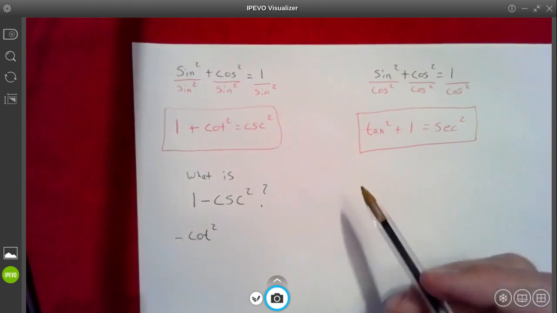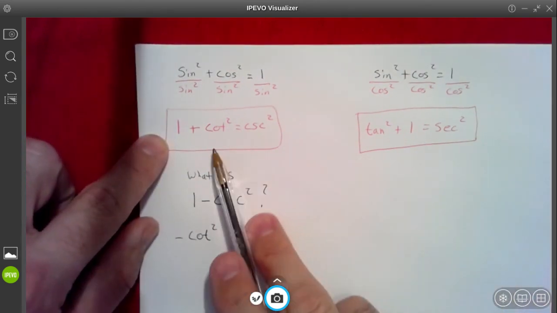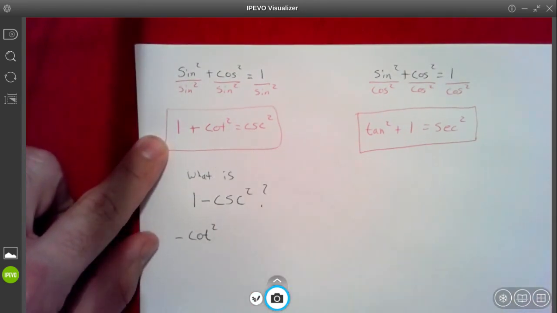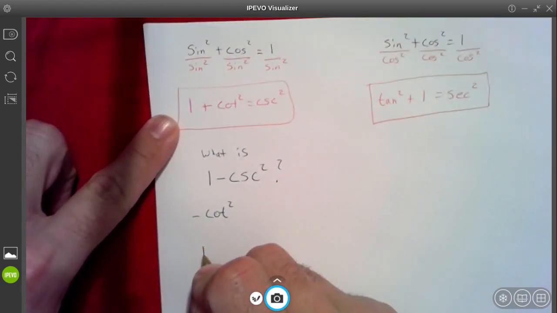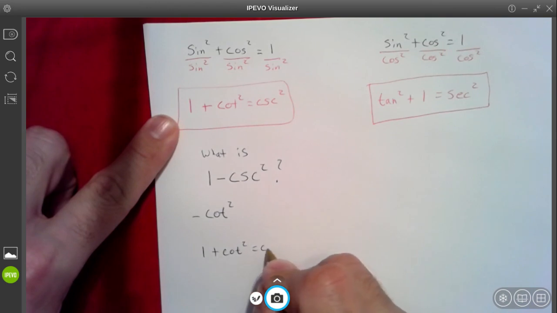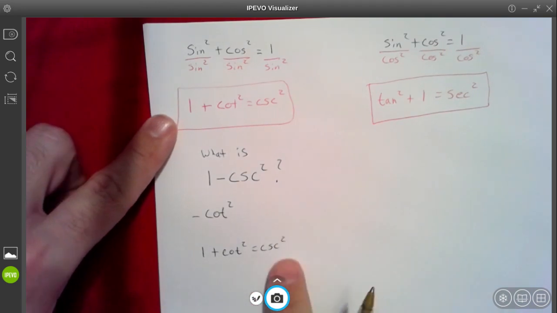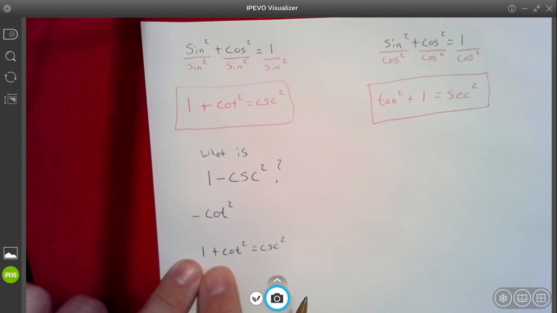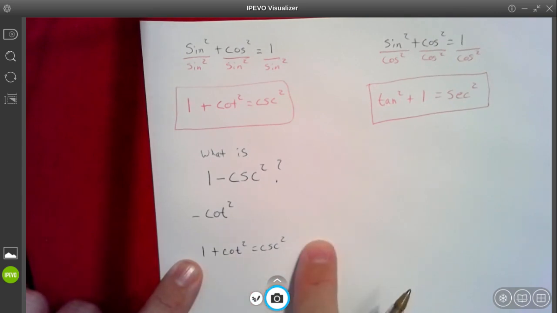Okay? So what I would have to do is, 1 plus cotangent squared equals cosecant squared. Maybe you can already see it in your head, I don't know. What I would have to do is move this term over here and move that term over there.